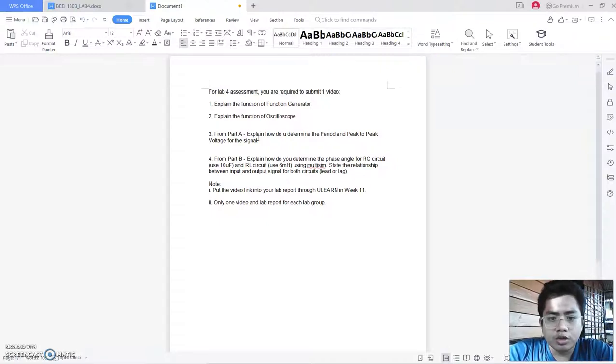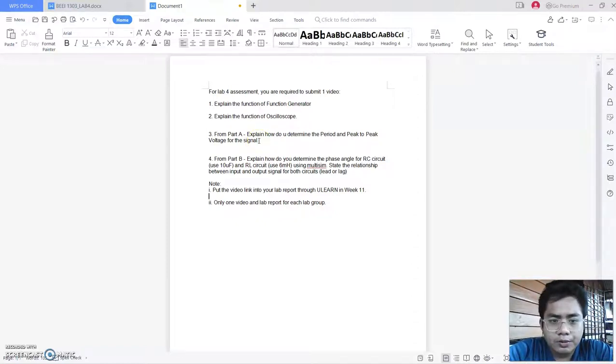The most common output waveforms are sine wave, triangular wave, square wave, and sawtooth wave. And the frequency of this waveform may be adjusted from a fraction of a hertz to several hundred kilohertz.